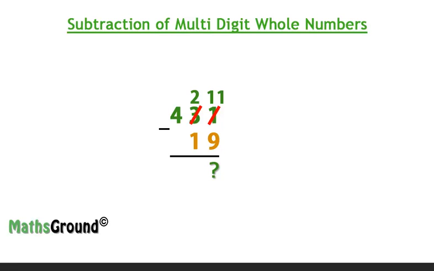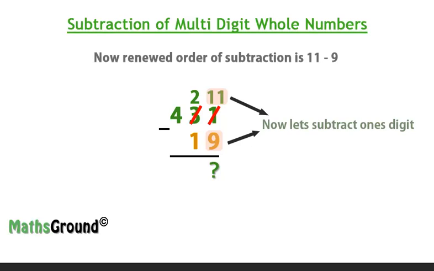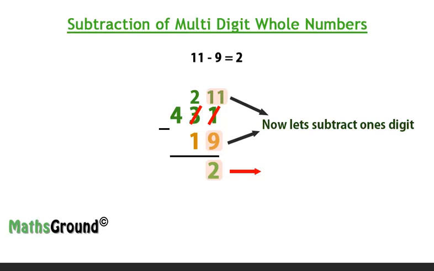Now let's subtract 1's digit after regrouping. New order of subtraction at 1's digit is 11 minus 9. 11 minus 9 equals to 2.